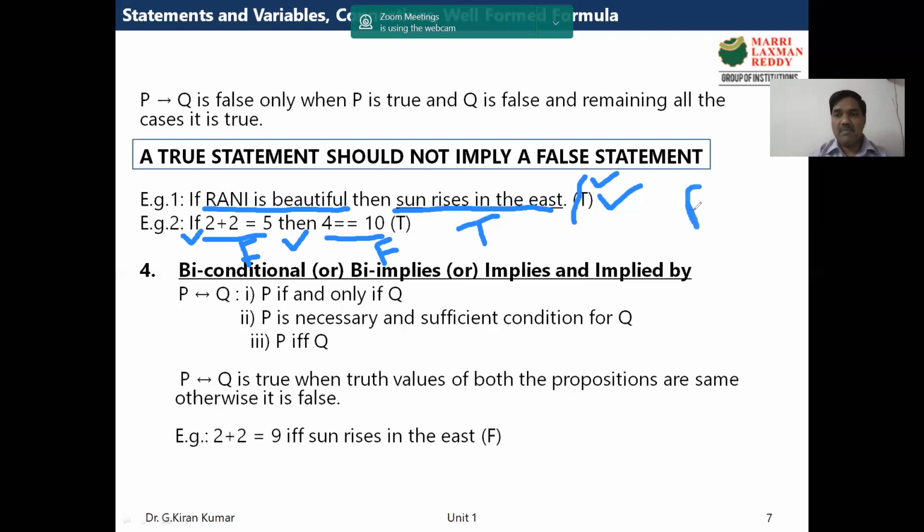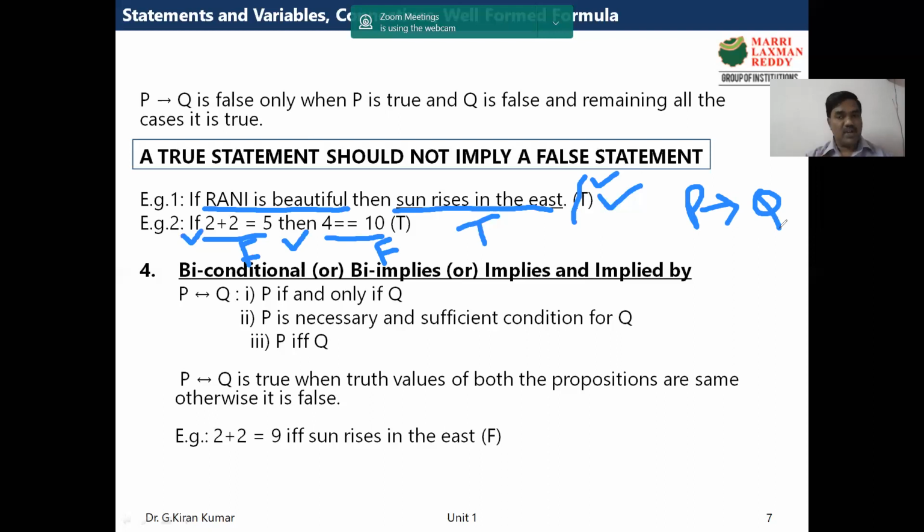As long as Q is true, I need not bother about the truth value of P. Irrespective of the truth value of P, P implies Q is always true.